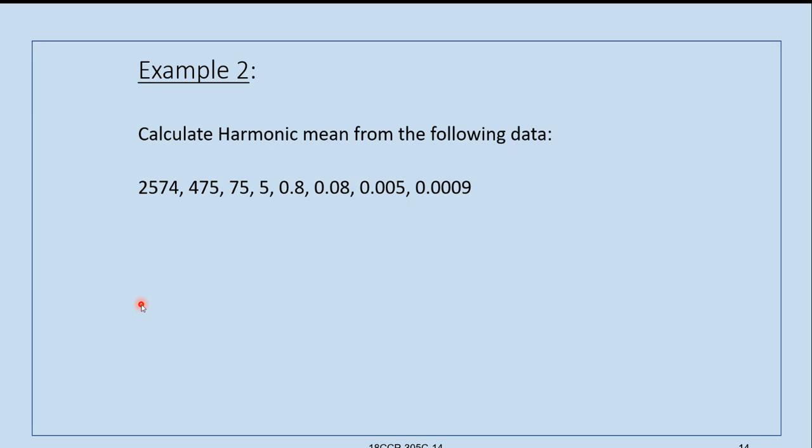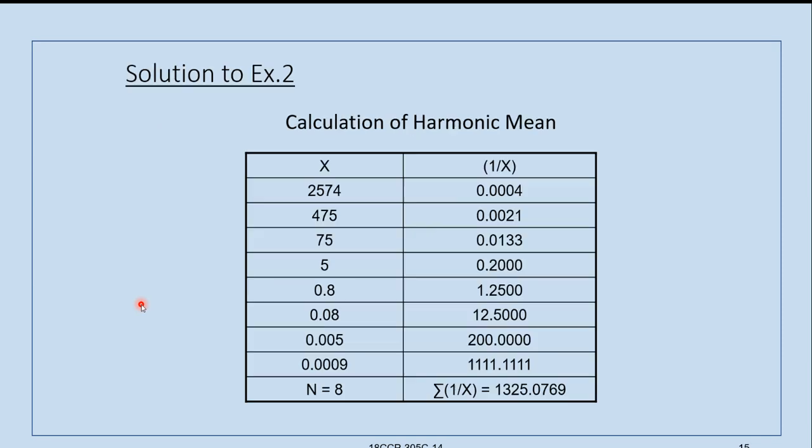Now we will add all the reciprocals of the second column, and then we will apply the formula. We have calculated the X series and 1 by X. Sigma 1 by X is 1325.0769.